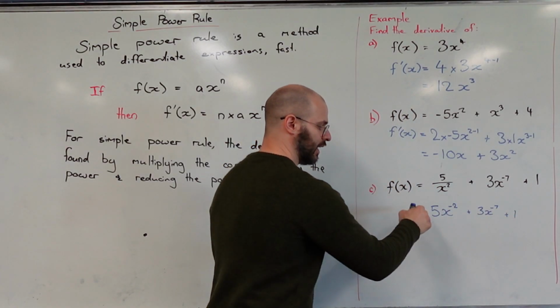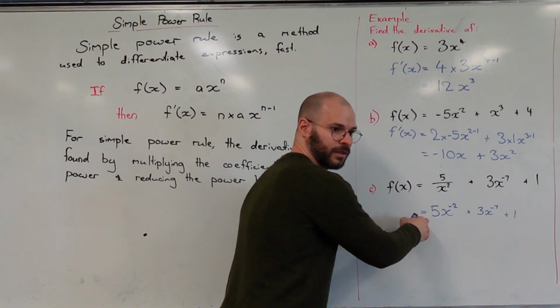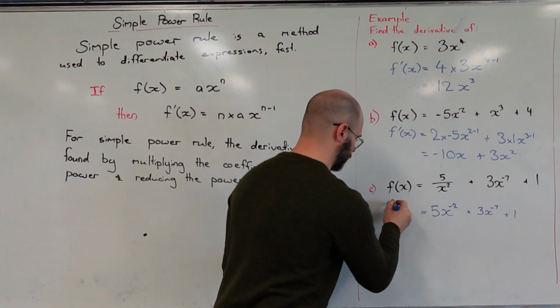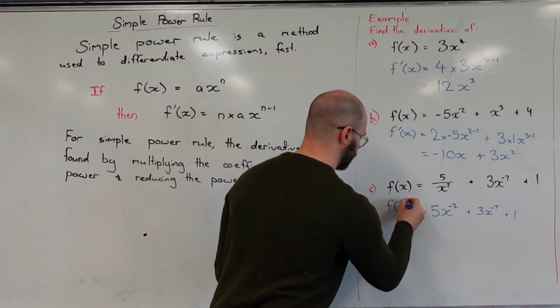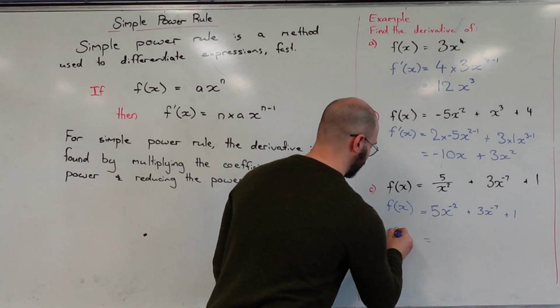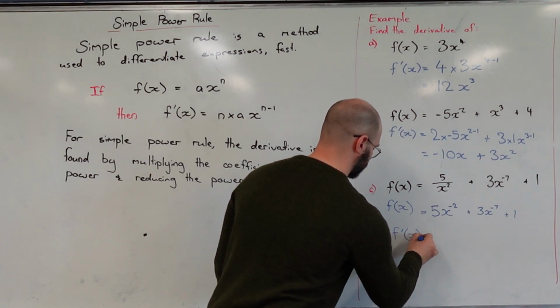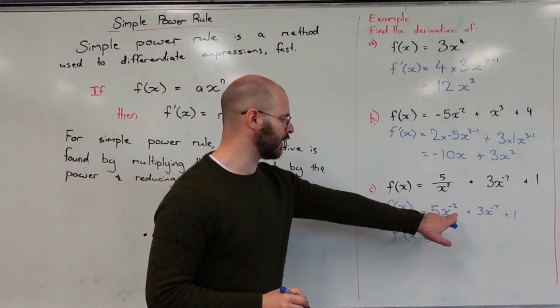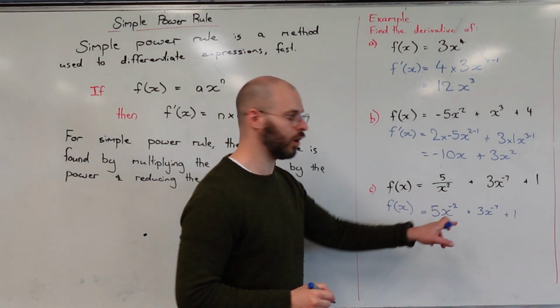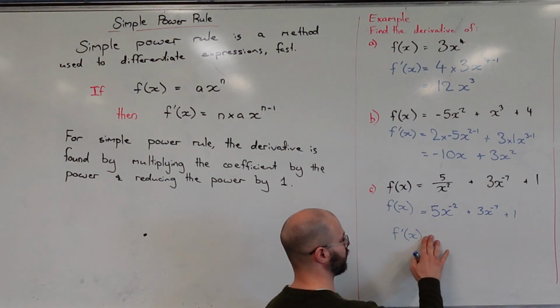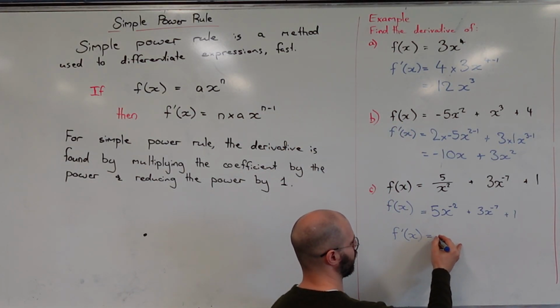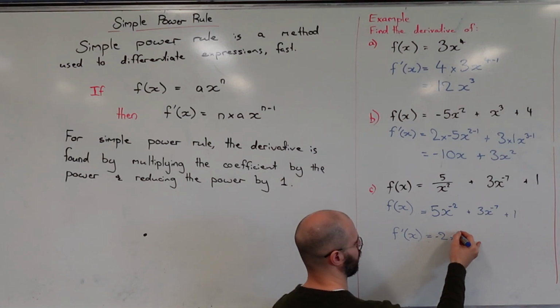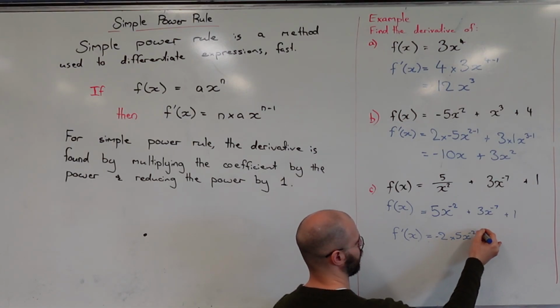Have we started taking the derivative? No. It's still f of x. Now let's take the derivative. We have a coefficient of 5, we have a power of -2. What will this first line turn into? -2 times 5x to the power of -2 minus 1. Bingo.